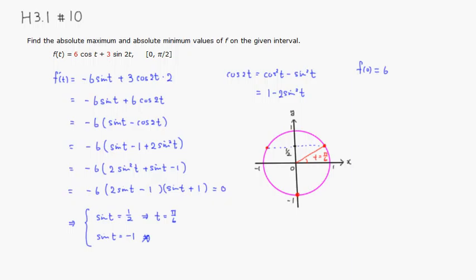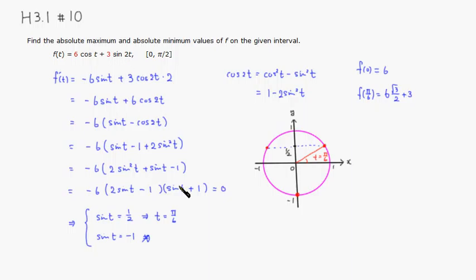Then pi over 6. f of pi over 6: pi over 6 is 30 degrees, so cosine of pi over 6 is square root of 3 over 2, and 6 times that, plus 3 times sine of pi over 3, because you have to multiply by 2.